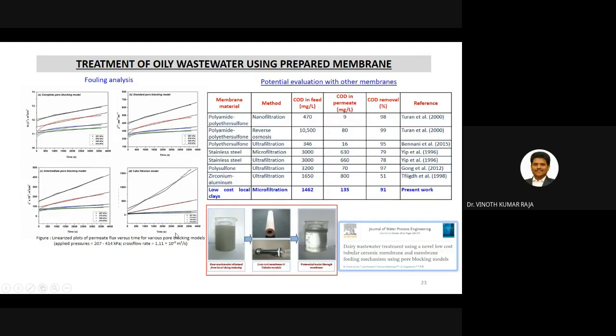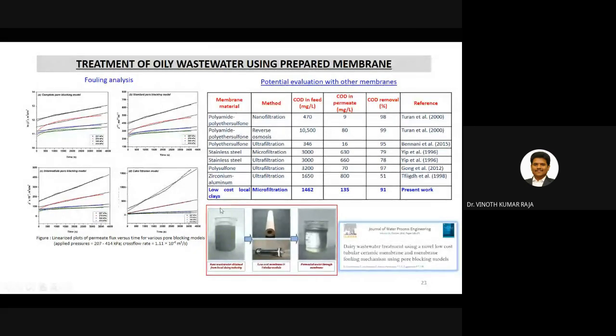We also did the fouling analysis by different pore blocking models, that is complete pore blocking, standard pore blocking, intermediate pore blocking and the cake filtration model, which confirmed that the cake filtration model is the best fit for this experimental data. For a prolonged lifetime, cake filtration is the most important to facilitate exterior fouling, thereby preventing the irreversible fouling of the membrane surface.